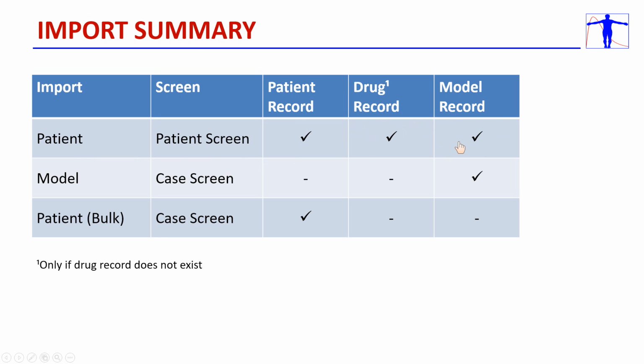And if you have a conflict with the model name, I showed you how you can directly manipulate the name in the EDX file so that this conflict is resolved. But if you don't want to import a complete patient case but only the model, you do this in the case screen, where you can then, for a particular drug, add a new population model, as I showed you.